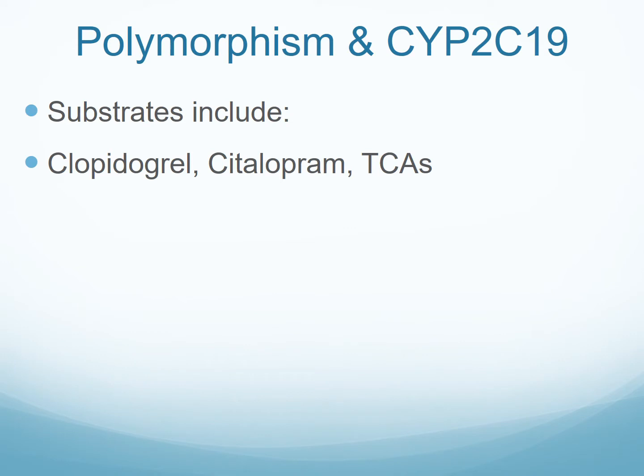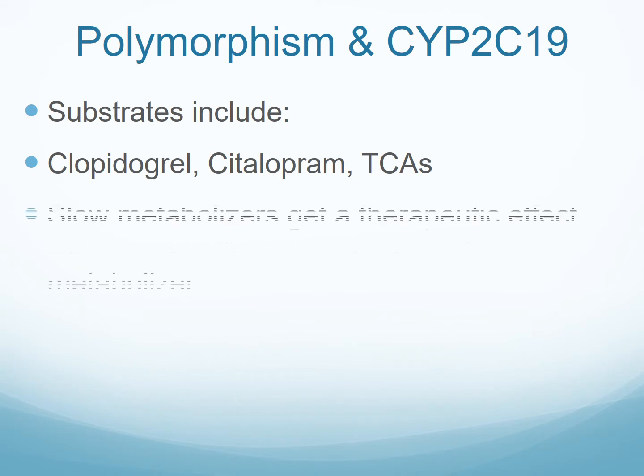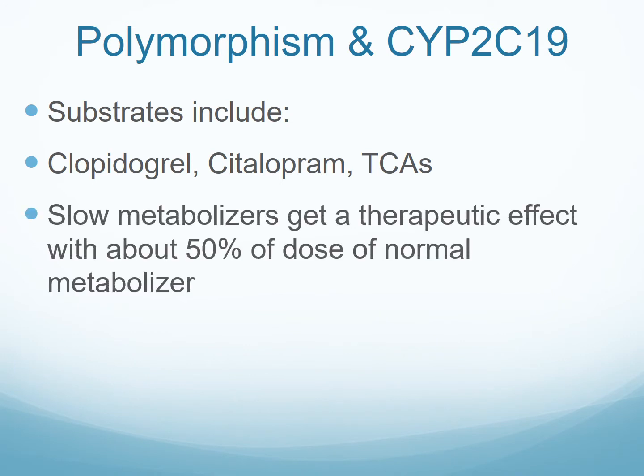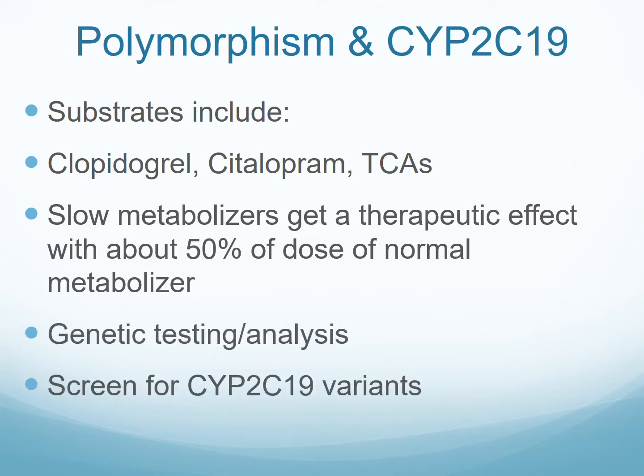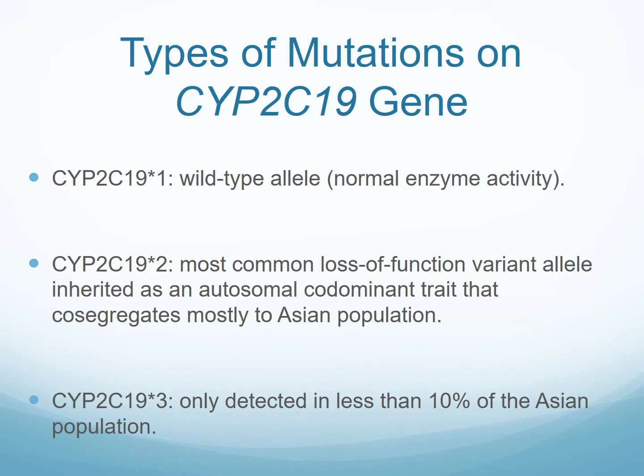We're going to talk about CYP2C19. These are its substrates. A slow metabolizer is going to get a therapeutic effect with about half the dose of a normal metabolizer, except for clopidogrel, which is a prodrug. So it's kind of different, but you can screen for the 2C19 variants.